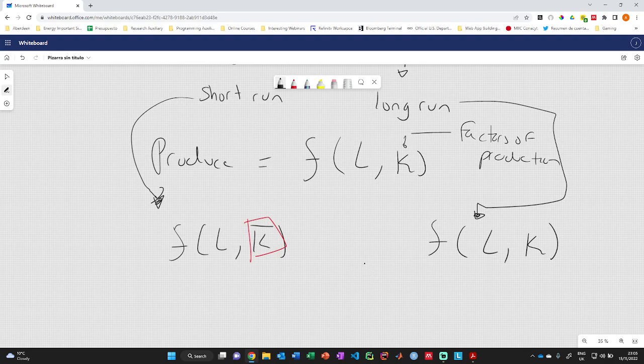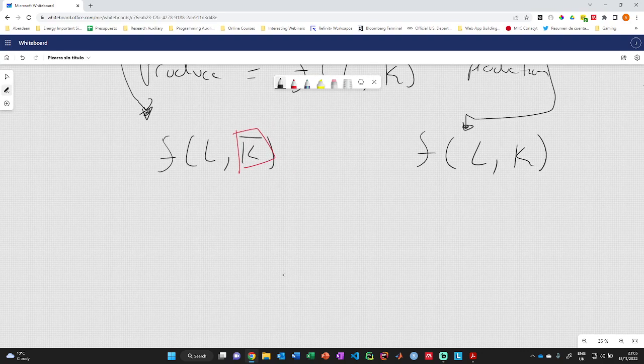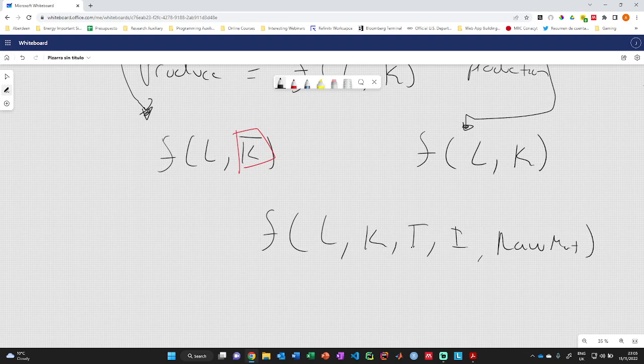So if, for example, we have a production function that has labor, capital, technology, investments, and also some raw materials, how do we know if we're in the short run or in the long run?